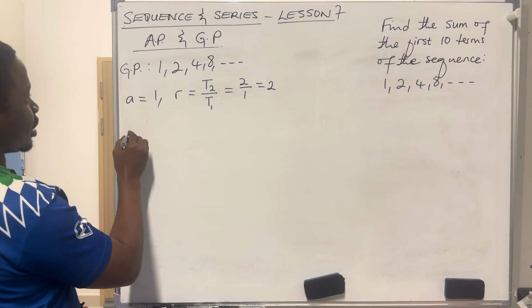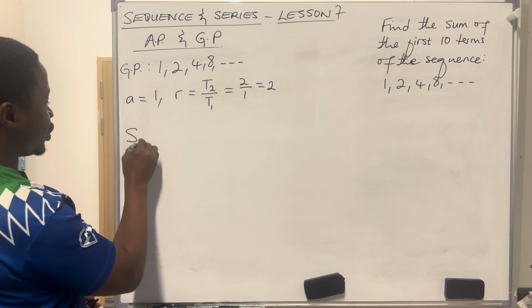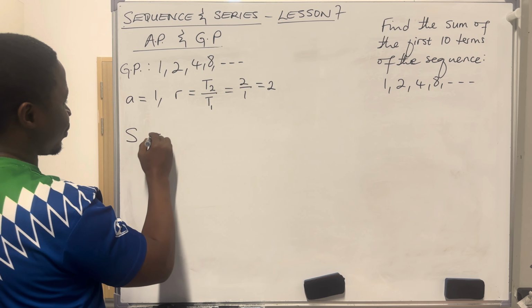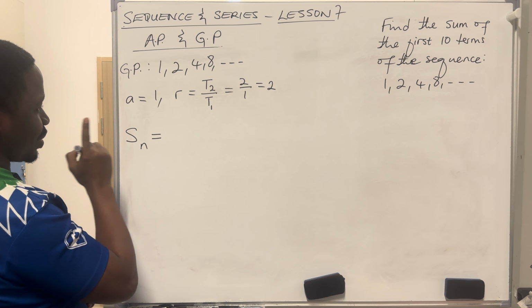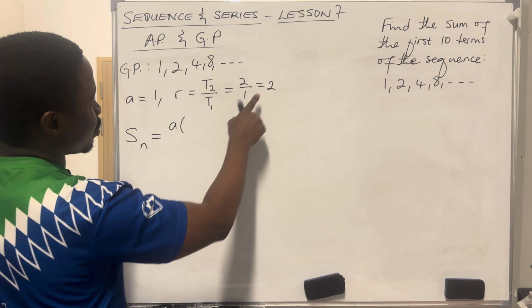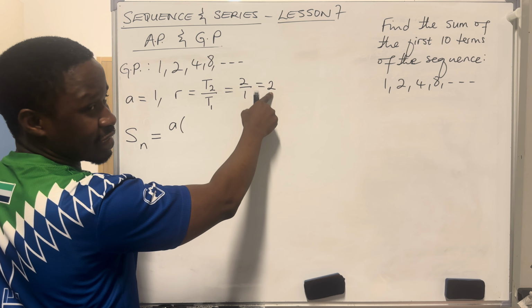So we say the sum of the first n terms for a GP is a into r to the n minus 1 over r minus 1, for r greater than 1.